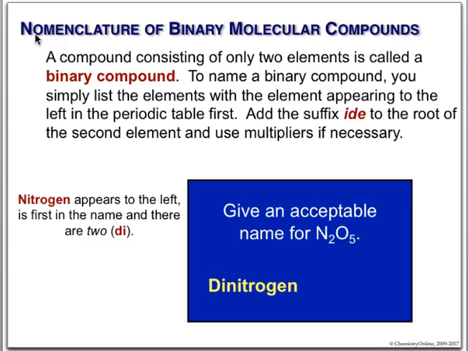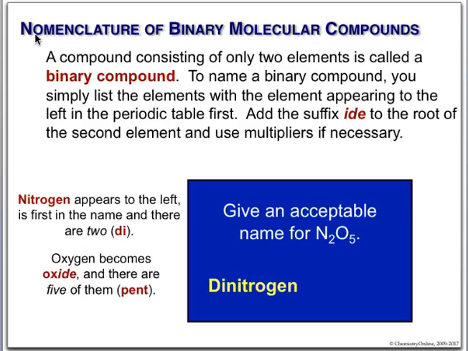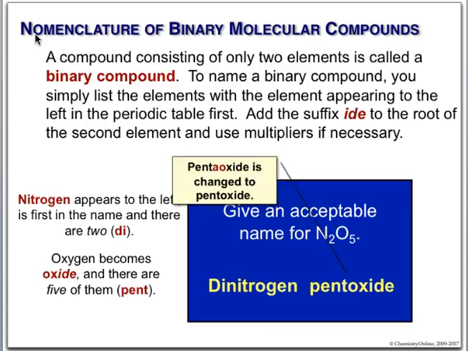How do we say 5? Pent. Right. So this is dinitrogen pentoxide. Again, we drop the A here because, again, too many vowels. Now, if I was grading something and you put in the AO, do you think I would care? No. I'd be really happy that you got that close. But you drop it. Pentoxide.